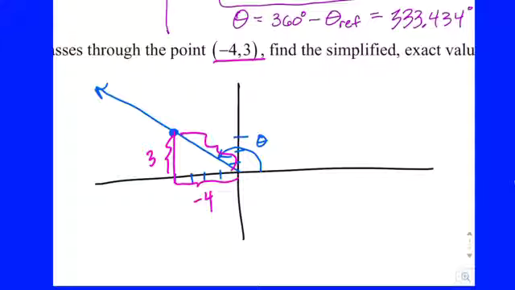You can use the Pythagorean Theorem, or you can realize that this is a special right triangle because it's a Pythagorean triple. Anyone know what the hypotenuse is? 5, yeah. It's your old 3, 4, 5 right triangle.